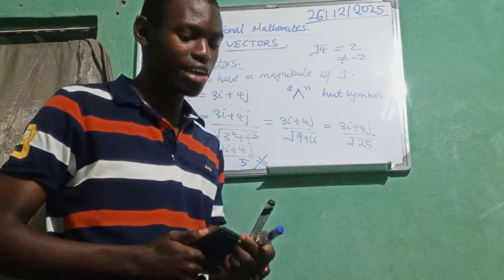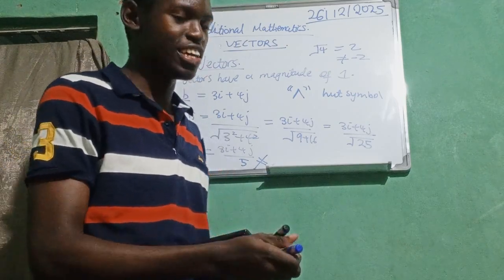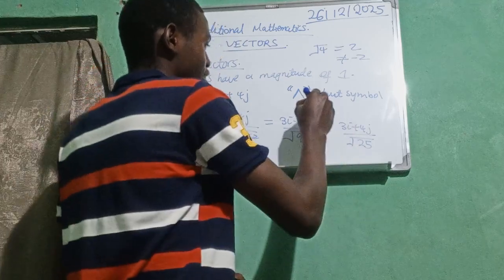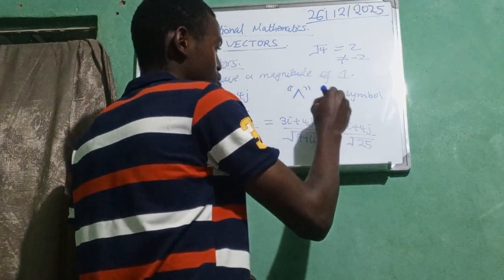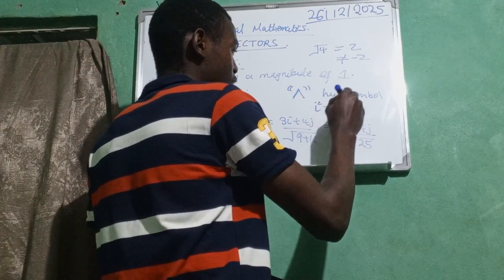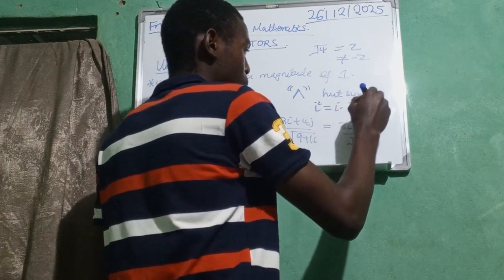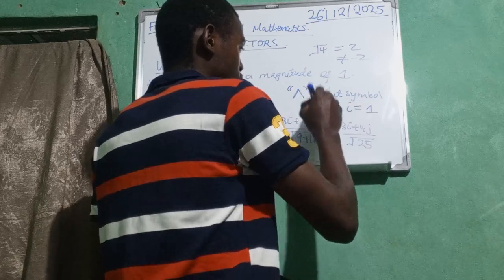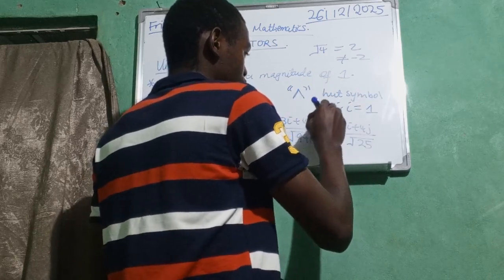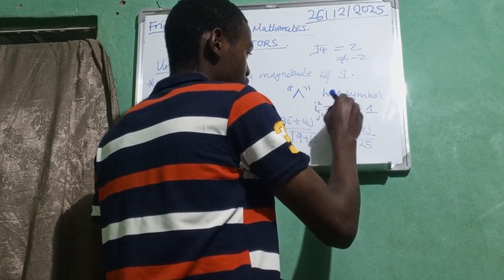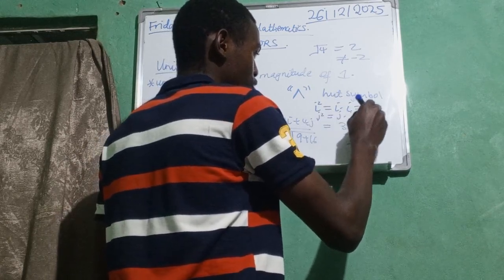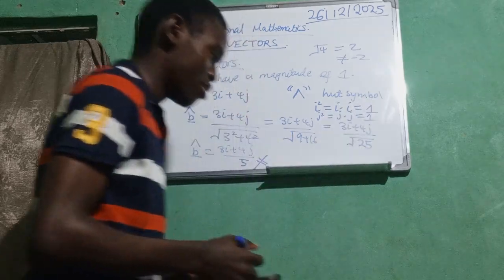There's a particular identity you need to know about i and j. i squared, which is i times i, is equal to positive 1. j squared, which is j times j, is also equal to positive 1.